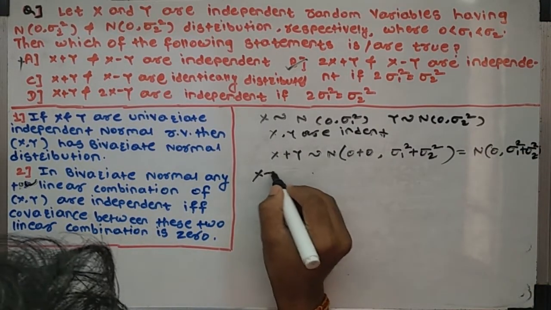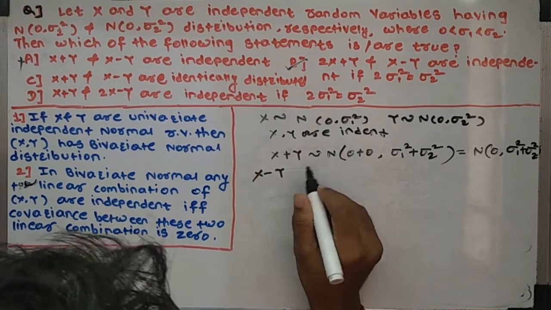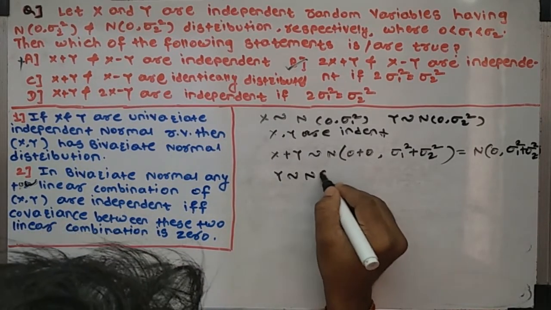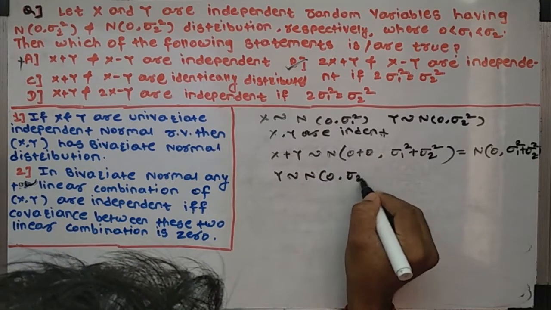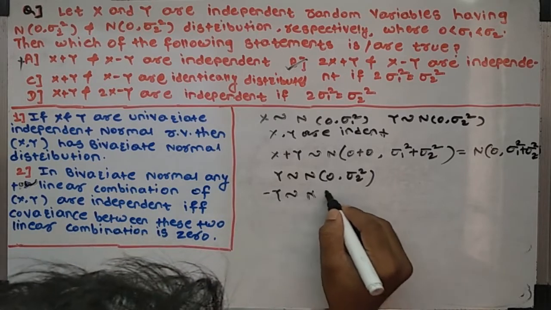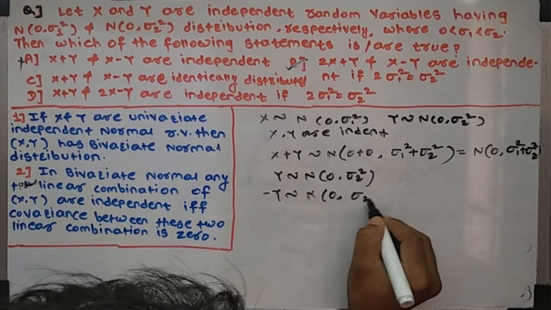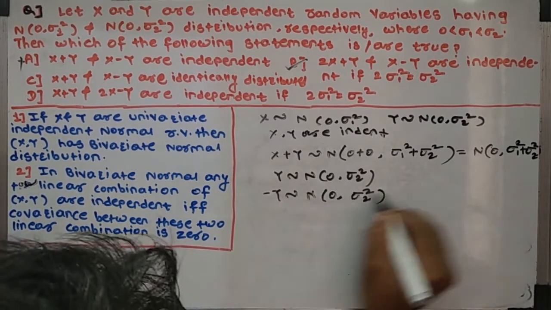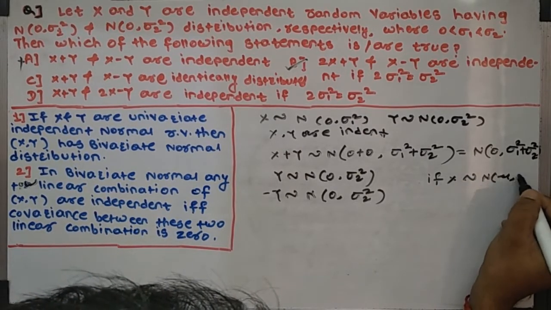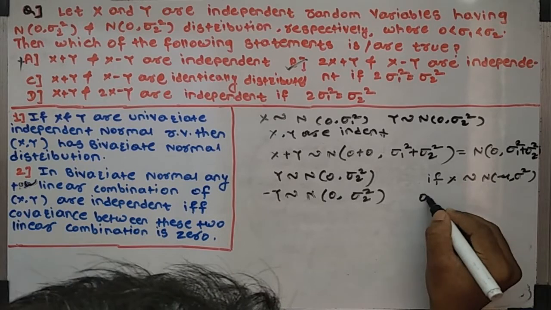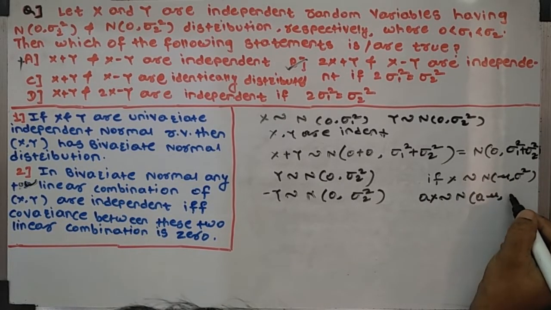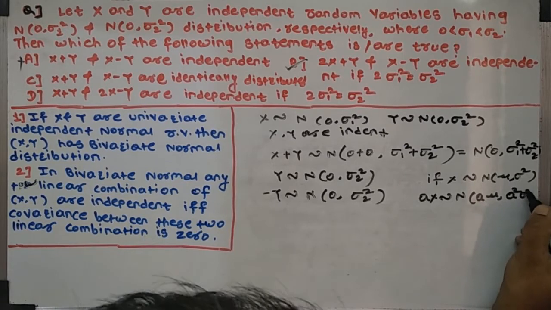So we need to check the distribution of x minus y. Here we know y follows normal 0 comma sigma 2 square, so minus y follows normal with parameters 0 comma sigma 2 square. We know that if x follows normal with parameters mu comma sigma square, then ax follows normal with parameters a mu comma a square sigma square.